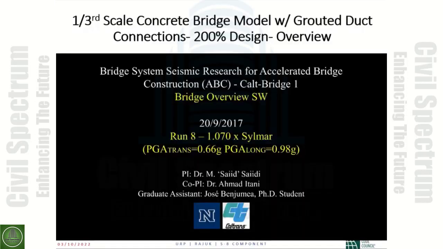Now, all these provisions that I mentioned were developed based on a lot of research, and we have proof tested them in some bridge models. These are large scale models, a third scale bridge model. So I'm going to show you a video clip here of a two-span bridge, at a third scale, where we used grouted duct connections at the top between the columns and the cap beam.